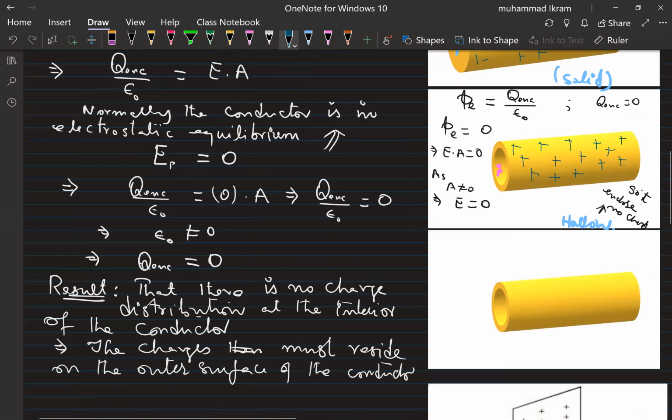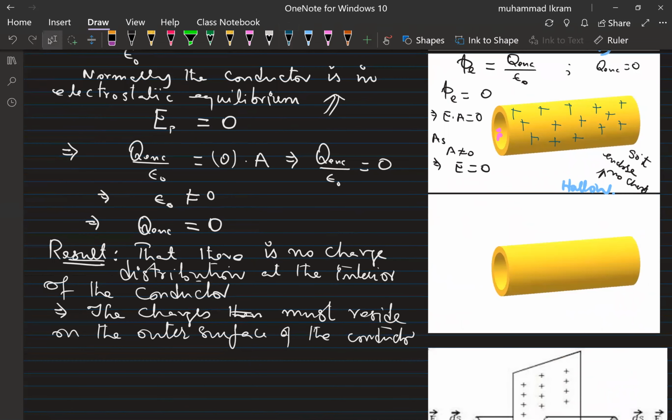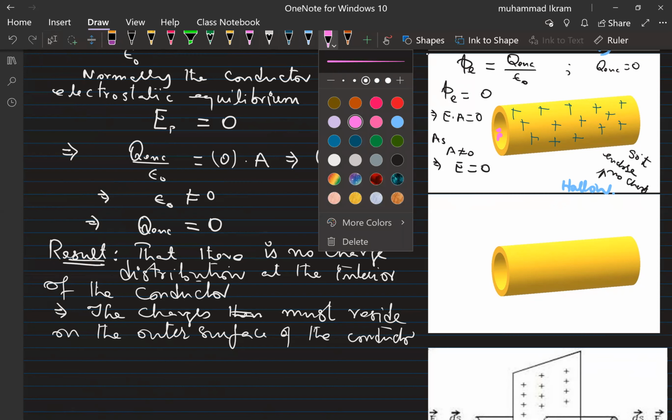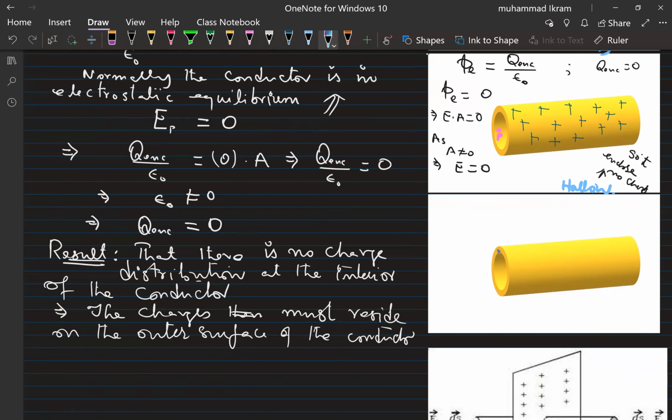Those are two cases. Now let us see another case, in which we wish to find out the charges at this interior surface. It is still a hollow conductor, right?